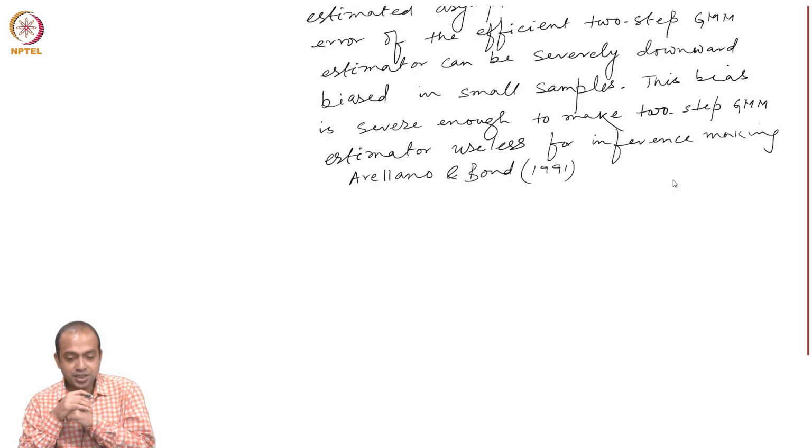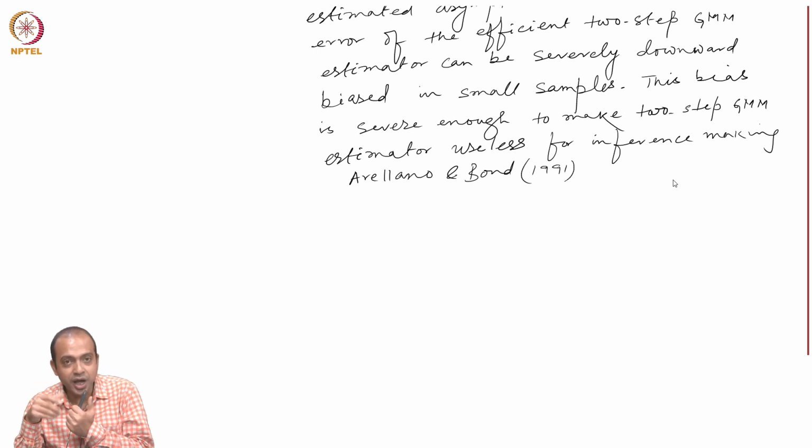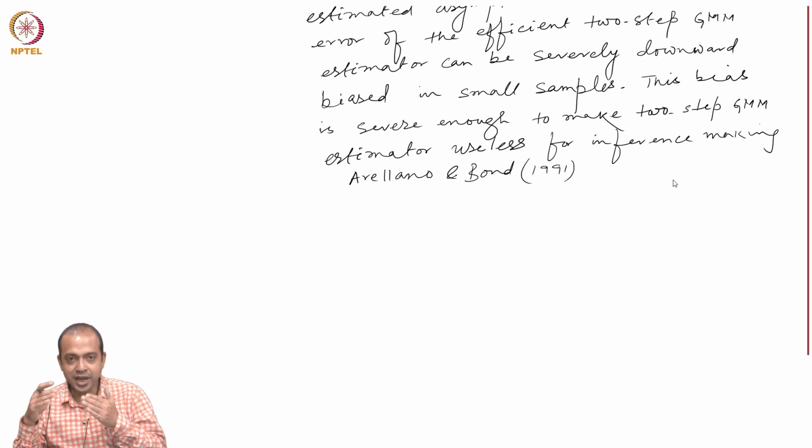So, asymptotic standard errors of the efficient two-step GMM estimators are severely downward biased, and the bias is enough to make it useless for inference making, as pointed out by Arellano and Bond. If that is the case, then what is required is to correct this downward bias of the two-step GMM estimator. That is made by Windmeijer 2005, and we can implement it in Stata by a simple robust command.